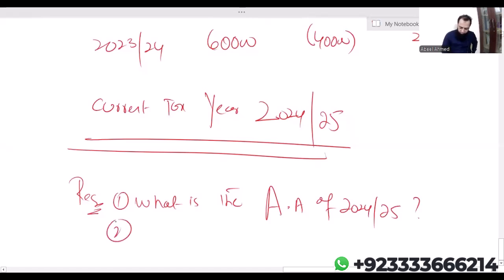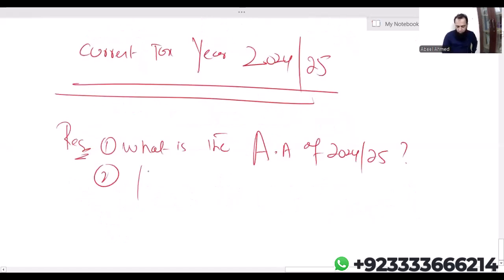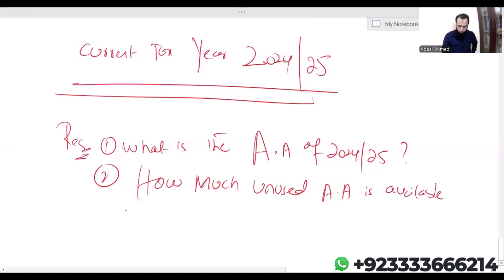Second, how much unused annual allowance is available to be used in tax year 2024-25?